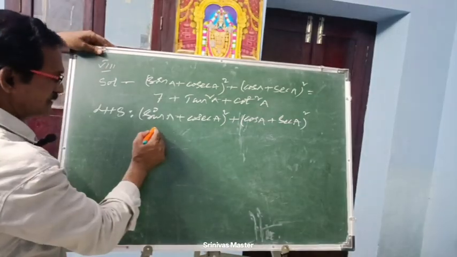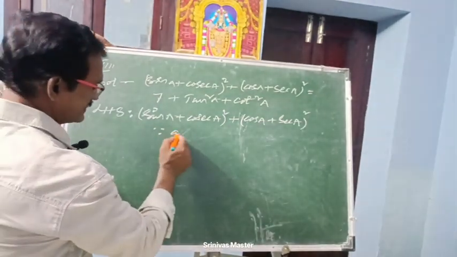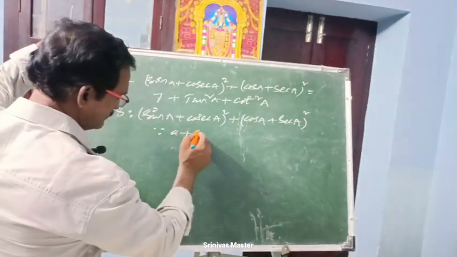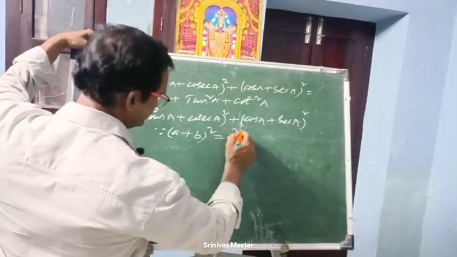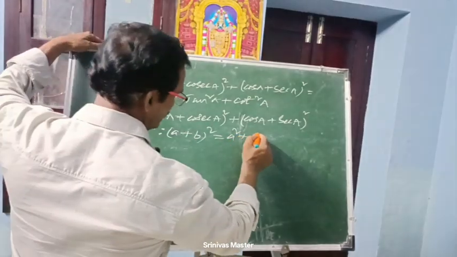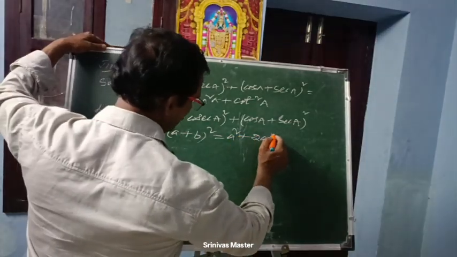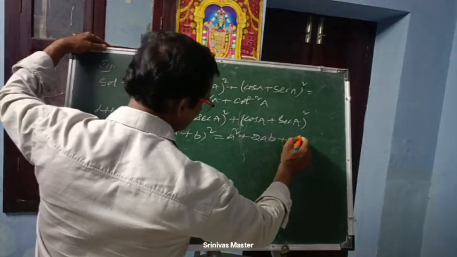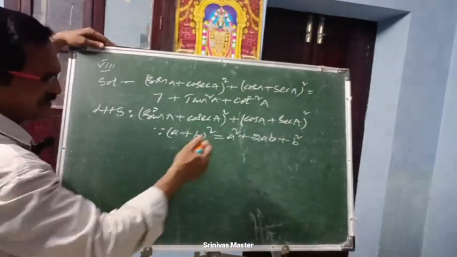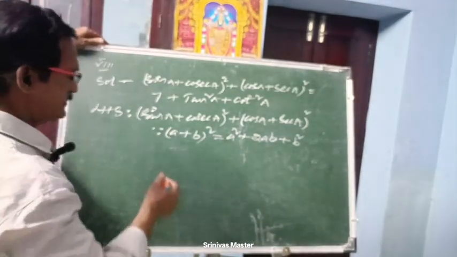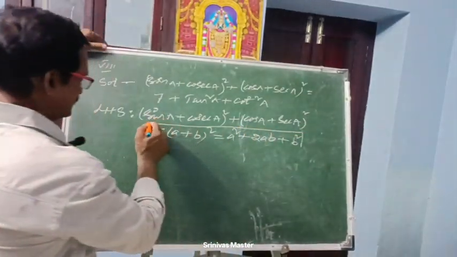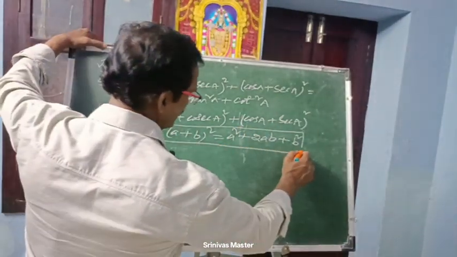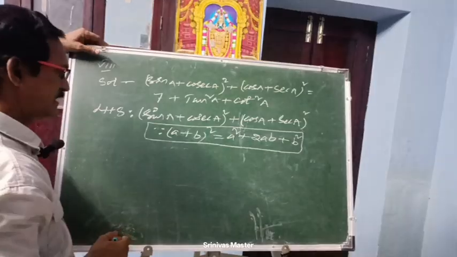You know that (A + B) whole square equals A square plus 2AB plus B square. We can also write A square plus B square plus 2AB. Nothing will happen. This is the algebraic identity for the expansion of both the terms.